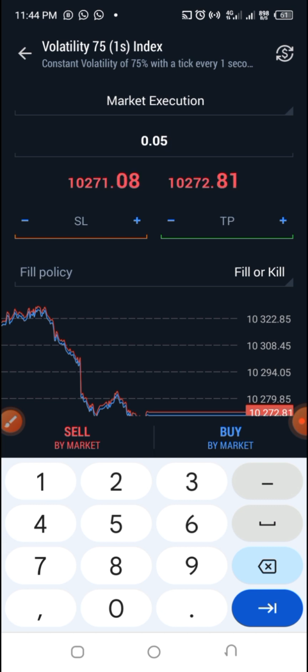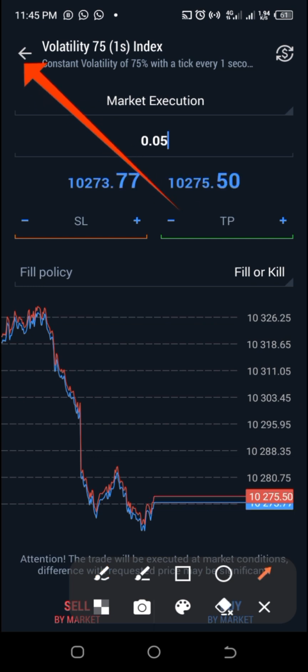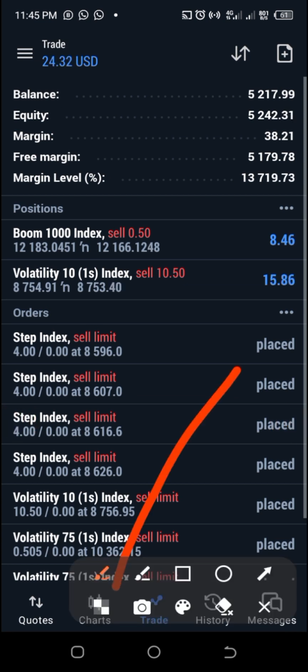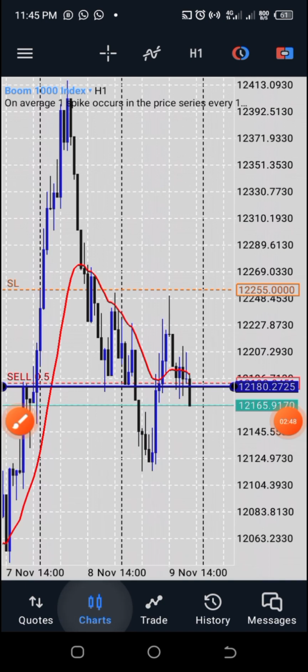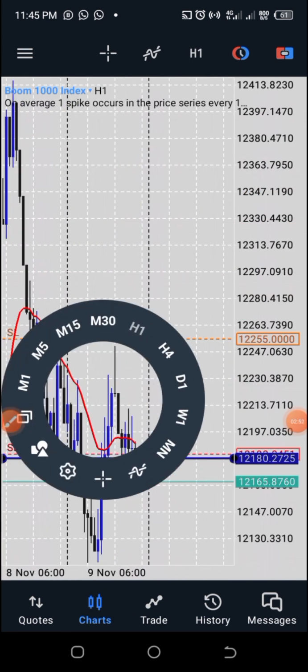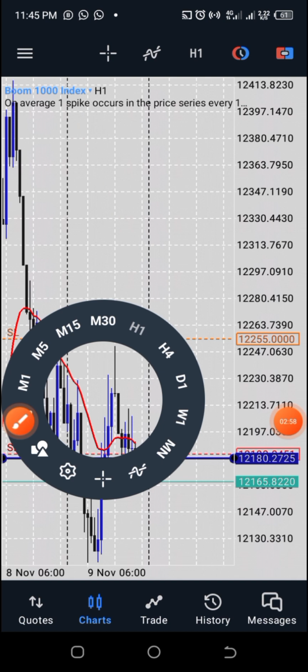So from there then I will go to the chart. I'll use this arrow to go back. So after here, I'll click on chart, this one, right? So I'll go to this one. You know, this chart of MT5 on Deriv has been changed, so I'll click there.